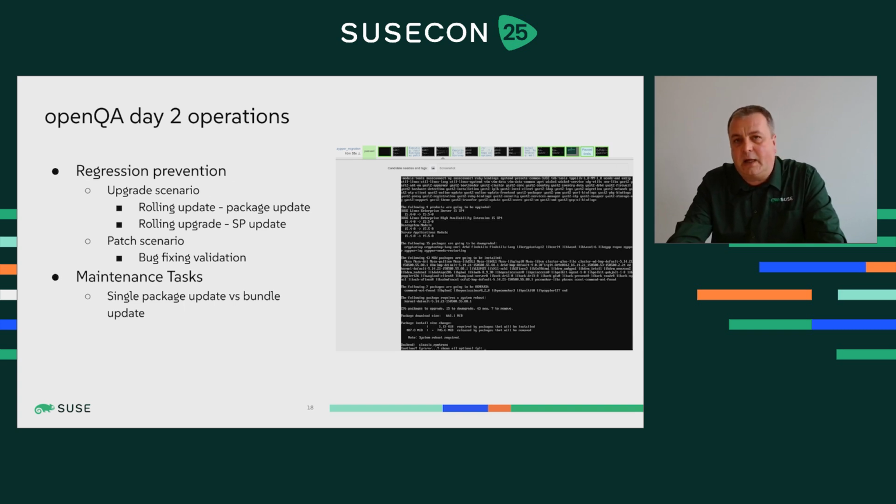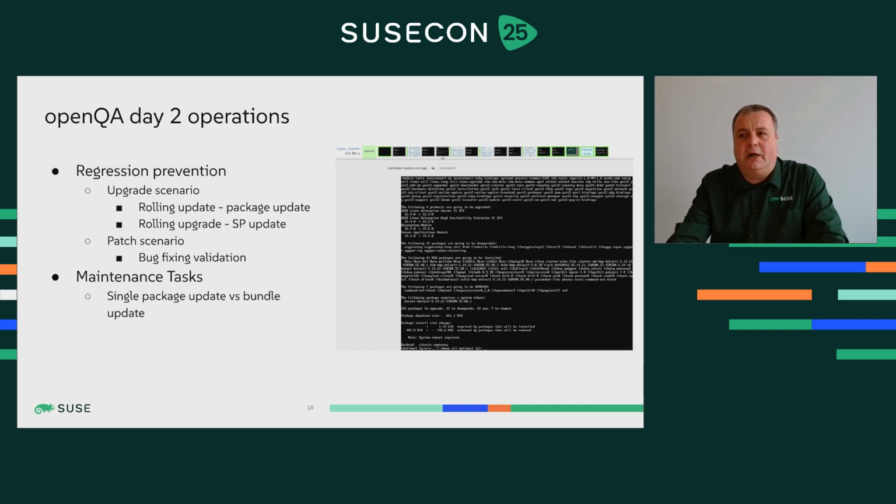With the service pack update, this is where the customer is considering going to a higher level service pack on the SUSE side, making sure that all the tasks are prepared and fully tested before the customer is executing this in production.